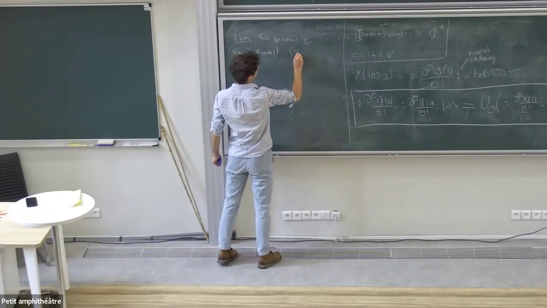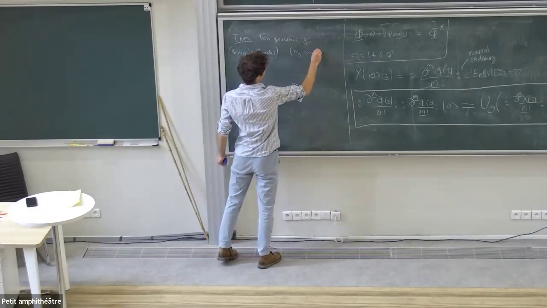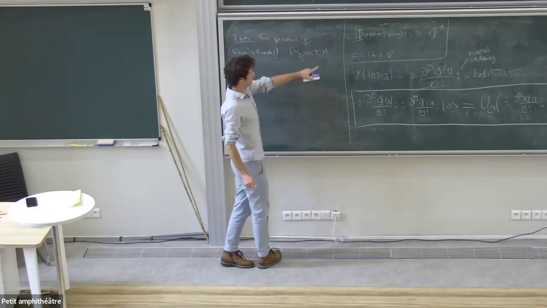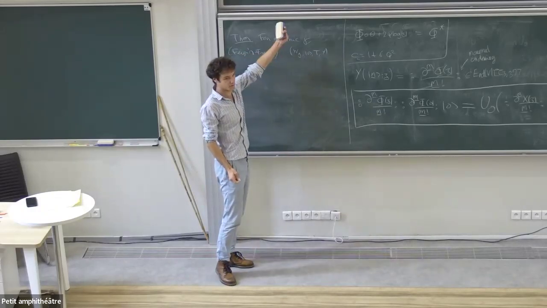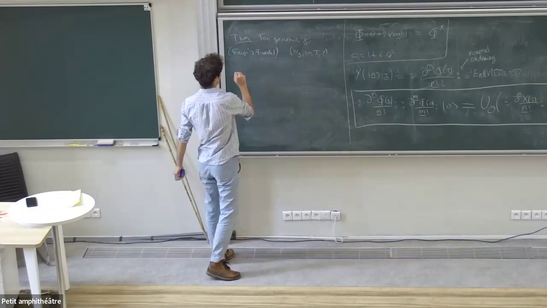So W_G with the vacuum, the translation, and the vertex operators. You view it as a subalgebra of the Heisenberg algebra. This defines a vertex algebra.